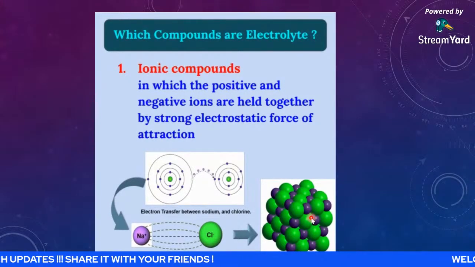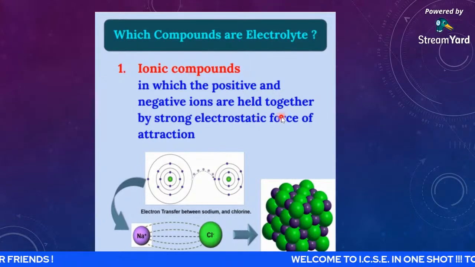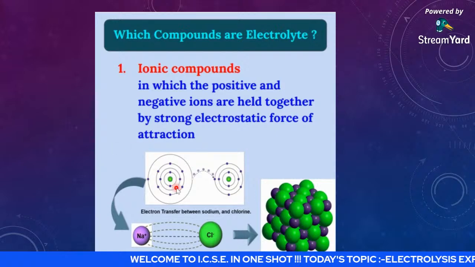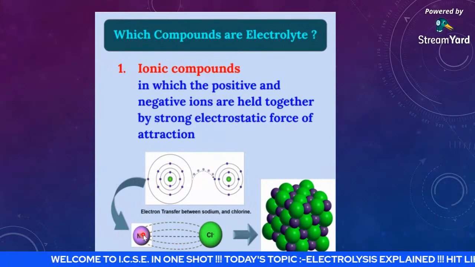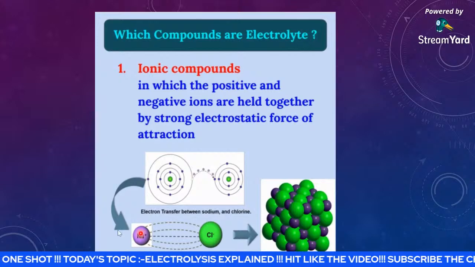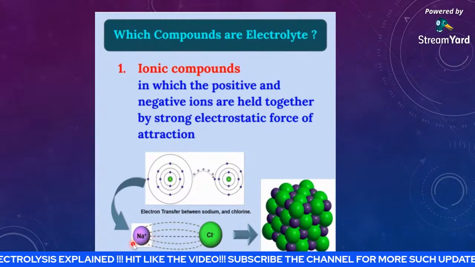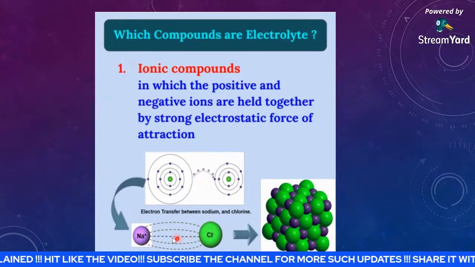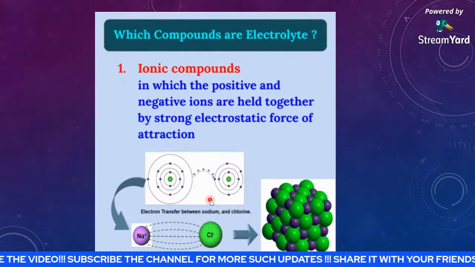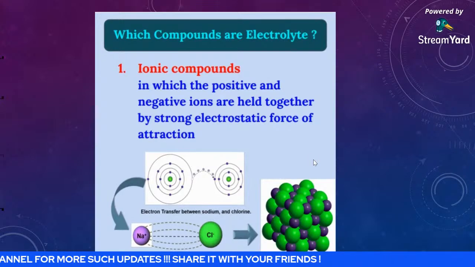Ionic compounds, in which the positive and negative ions are held together by a strong electrostatic force of attraction. See, NaCl is a compound which is bound by Na+ and Cl- ions that are oppositely charged, and therefore a very strong force of electrostatic attraction acts between them. Thus, it is ionic in nature.